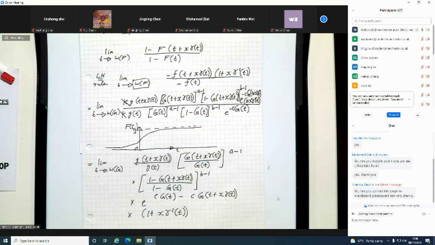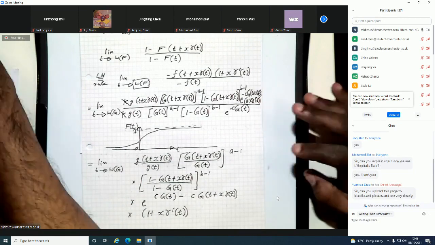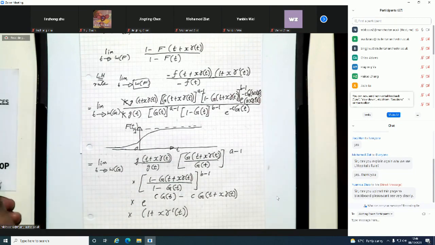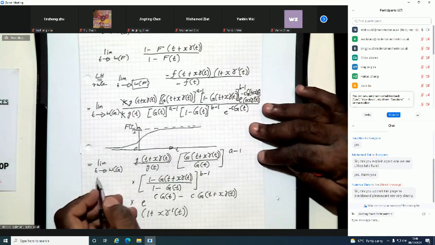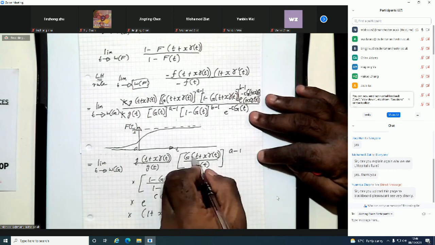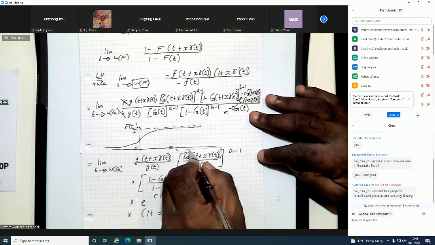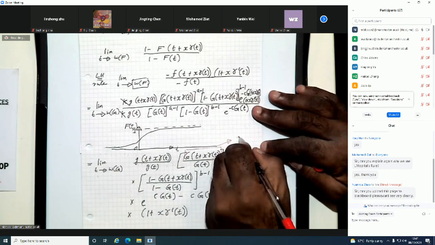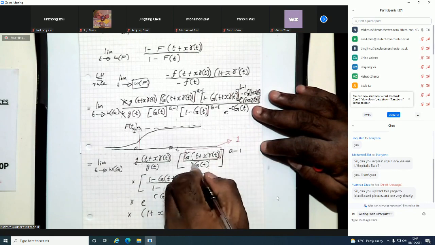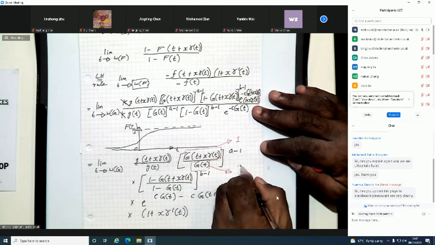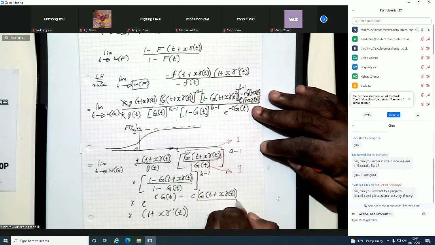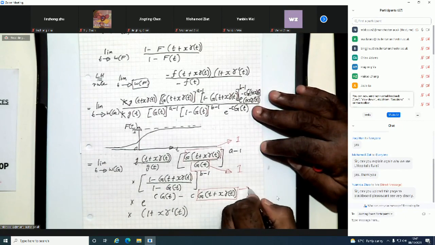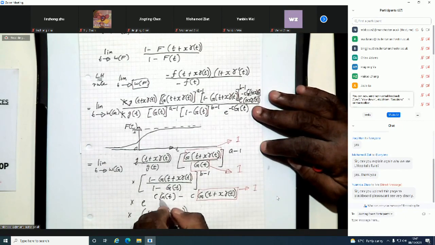Now, as t goes to the upper end point for g, this guy here, by the same argument, must approach 1. And so does this one. This also approaches 1, and so does this one.